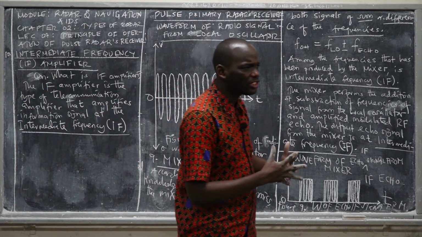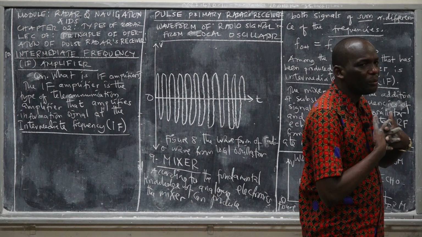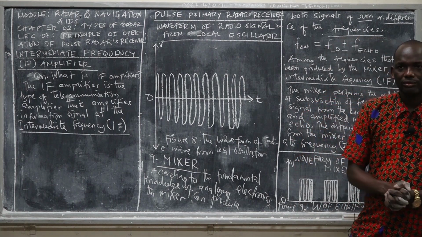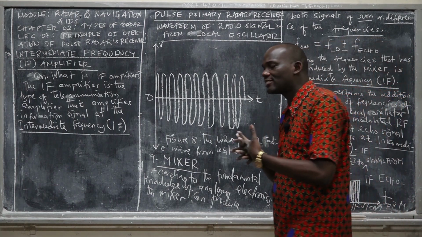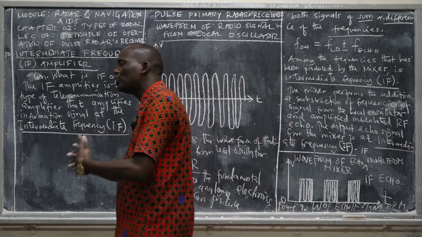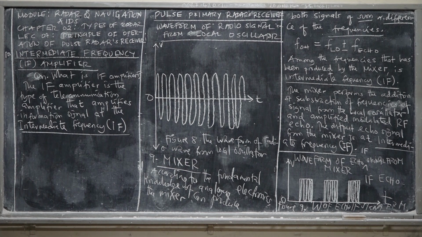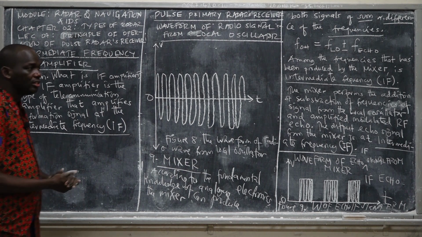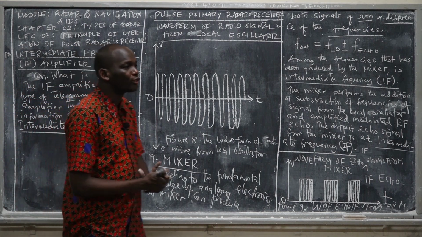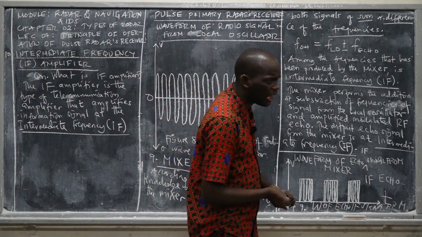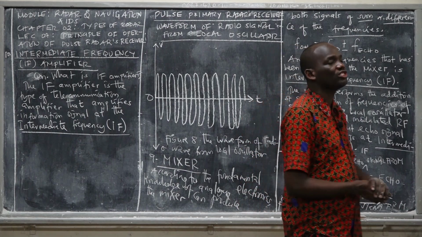The second category we call electronics communication amplifiers. These are the amplifiers which are used in communication or telecommunication systems. One type of communication amplifier is the intermediate frequency amplifier.